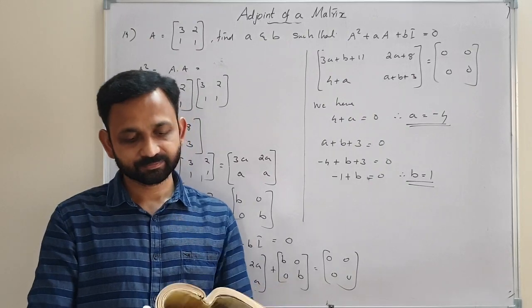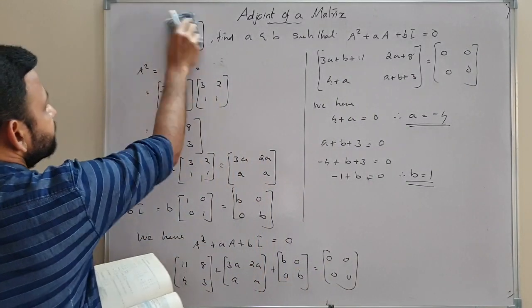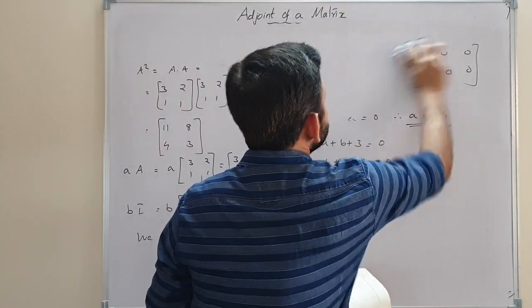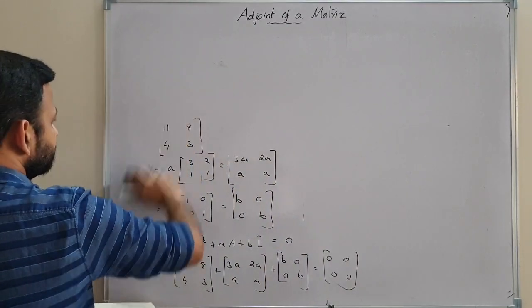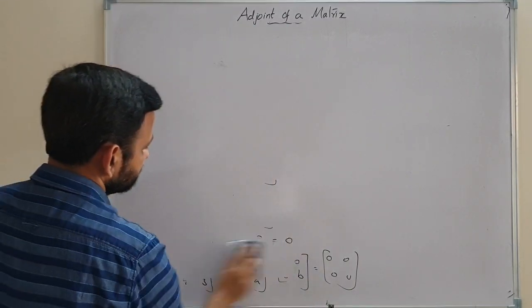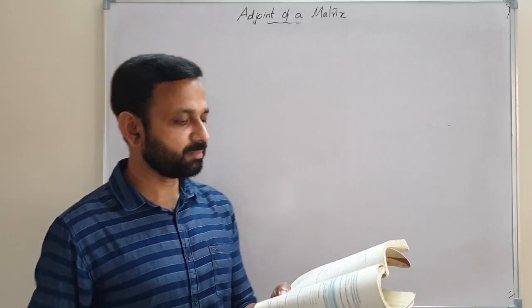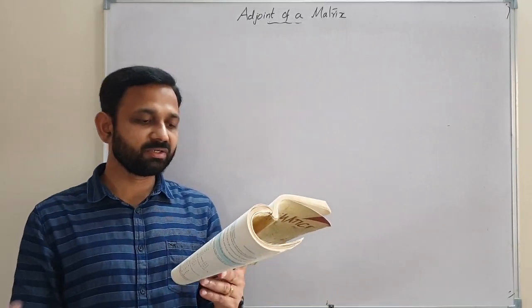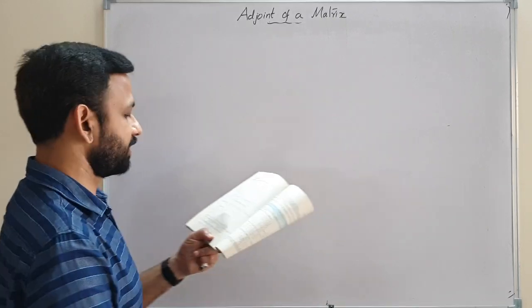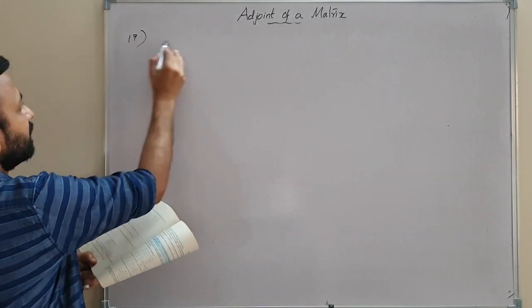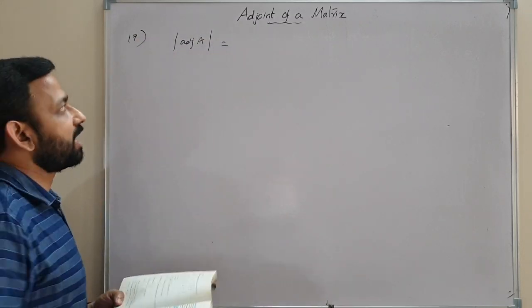Then question number 17. Let A be a non-singular matrix of order 3 by 3. Then determinant of adjoint A. We have one formula.